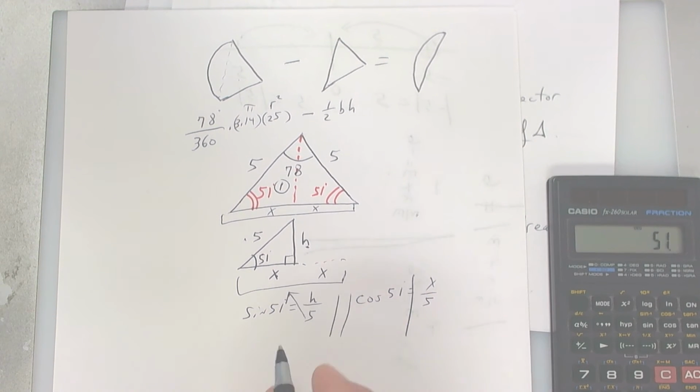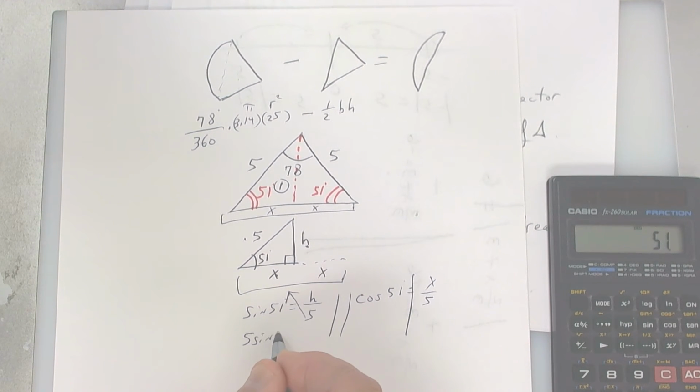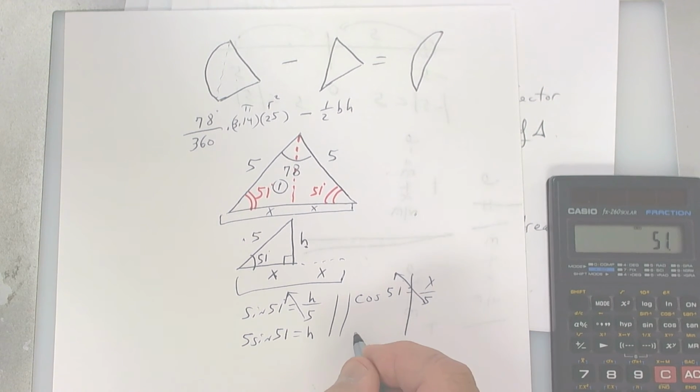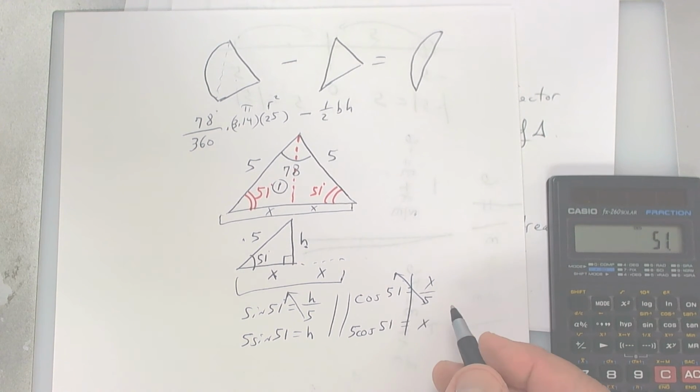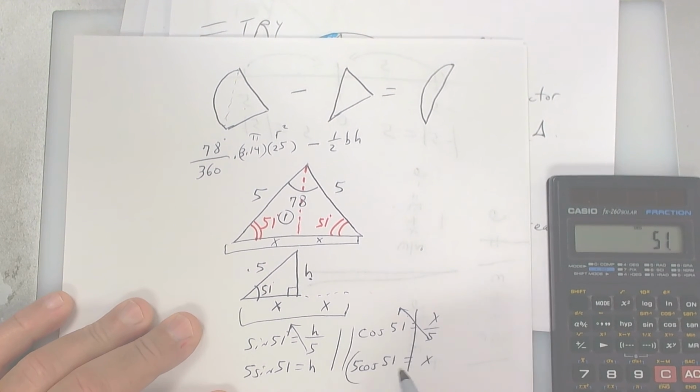Now we're going to multiply, so we get 5 times the sine of 51 is equal to the height, H. And this one is 5 times the cosine of 51, and that's going to be X. But remember, we got to double the X. So we want to multiply by 2 to double it. So we're going to use 10, 5 times 2 is 10, times the cosine of 51 degrees. That represents the base.